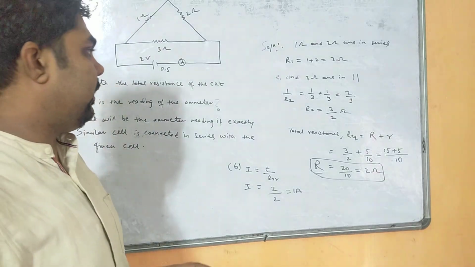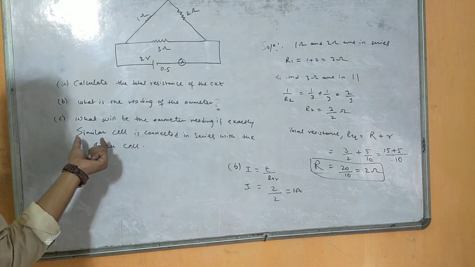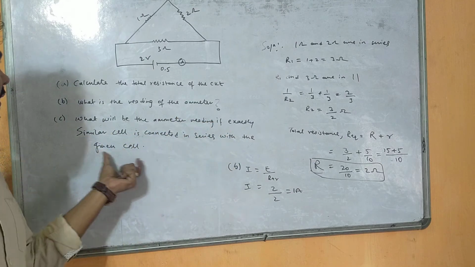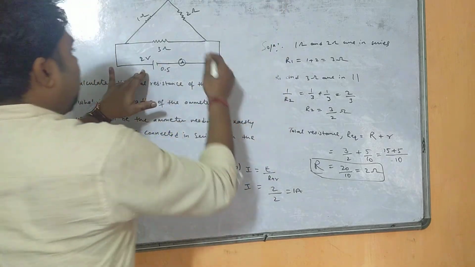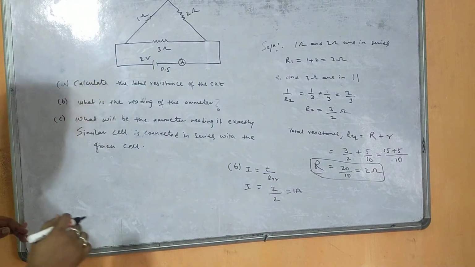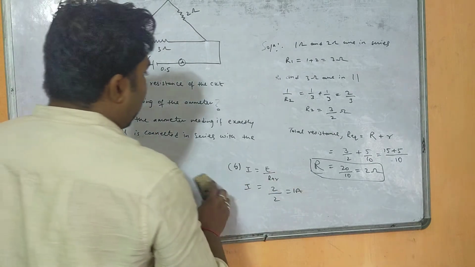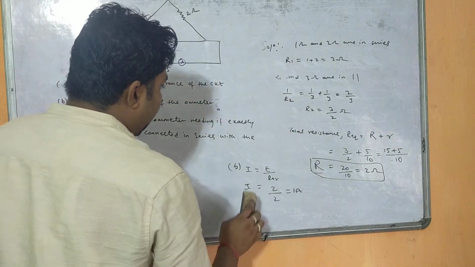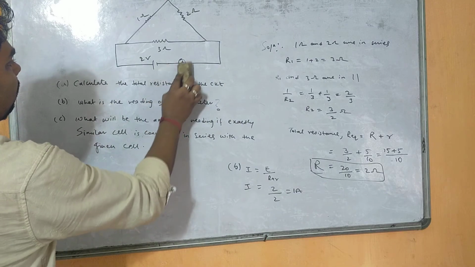Now the question gets changed. The question is saying, what will be the ammeter reading if exactly a similar cell is connected in series with the given cell? Now if this circuit is getting changed, I am just wiping this out and changing the circuit now.